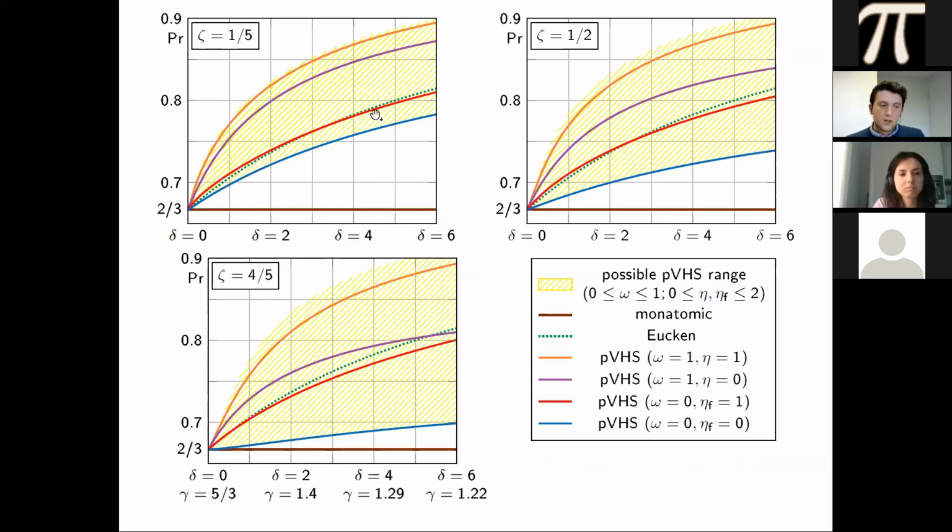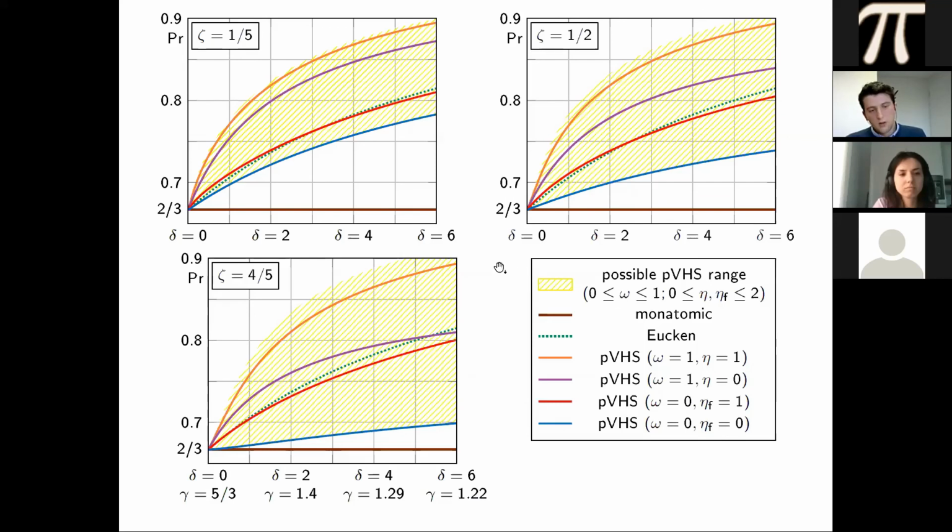You can see that this model can give you infinitely many Prandtl curves, and by adjusting these parameters for each delta, you can find parameters such that you are very close to the Eucken relation. Moreover, if you look into experimental data, you can also find these parameters such that you are very close to the experimental data.